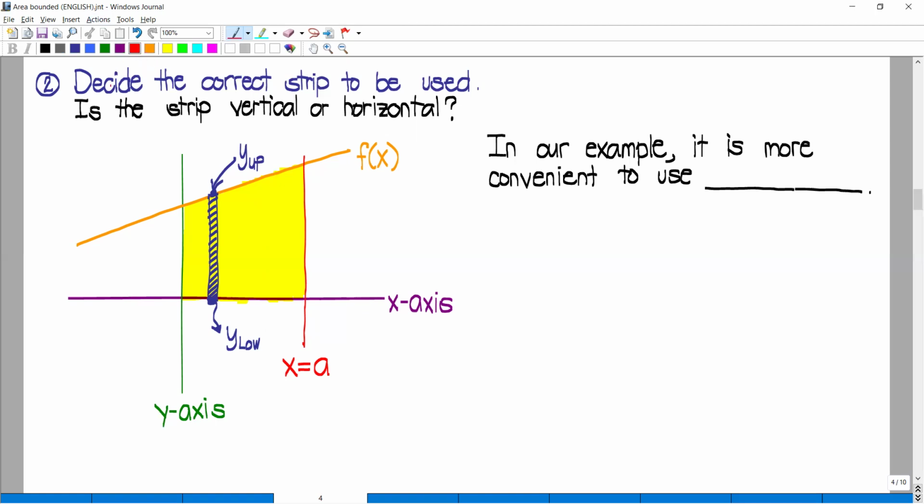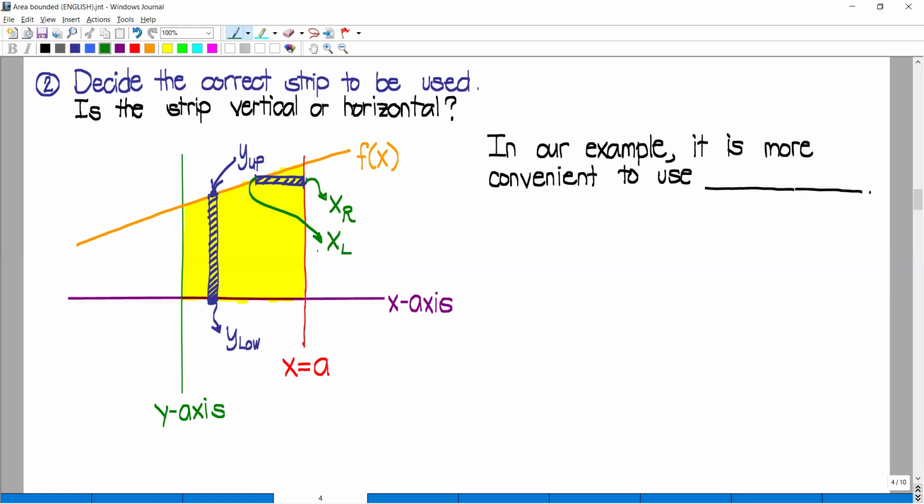But then if we are going to try a horizontal strip touching end to end of a certain part of our area bounded, now we have this one. And here, this is the right end. Now we will be naming this, again, guys, x right, and this one will be the x left.